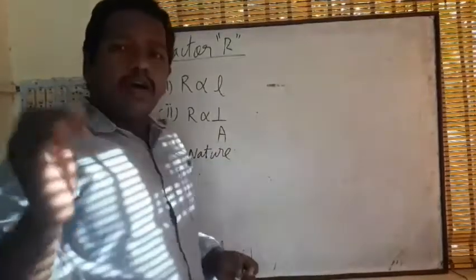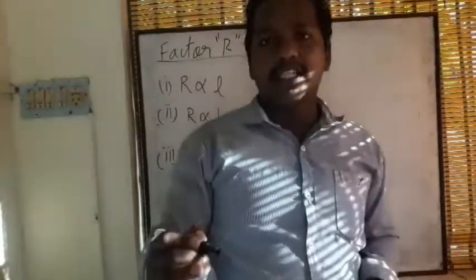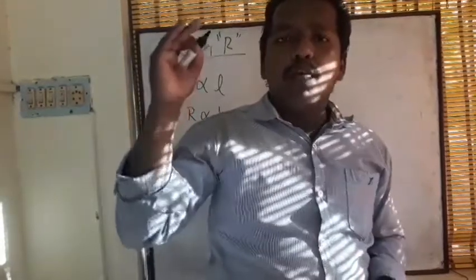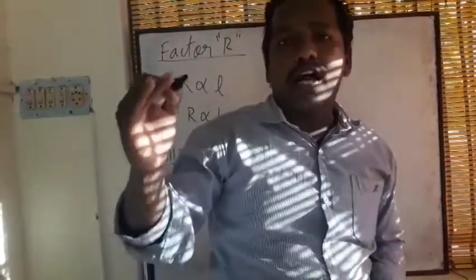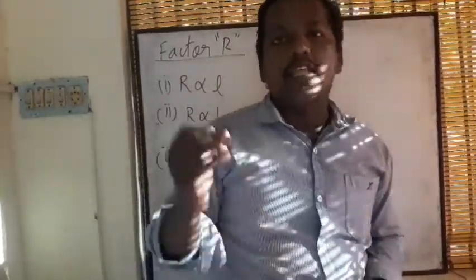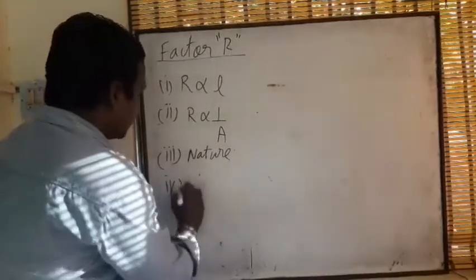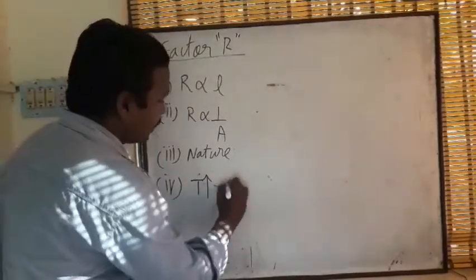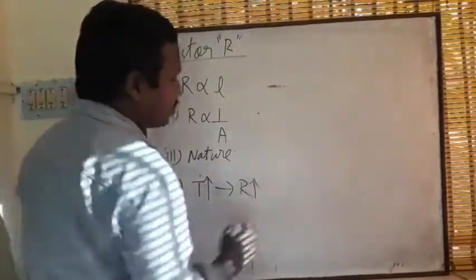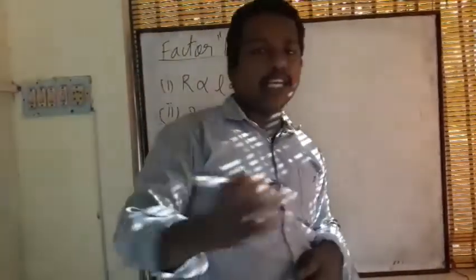A good conductor offers less resistance, and a bad conductor offers more resistance. If temperature increases, the resistance also increases. So these are the four factors affecting the resistance.